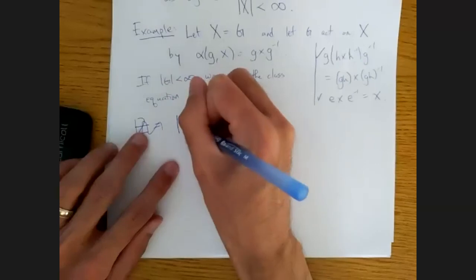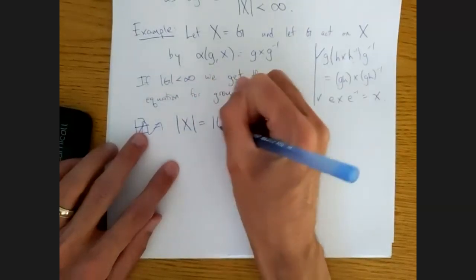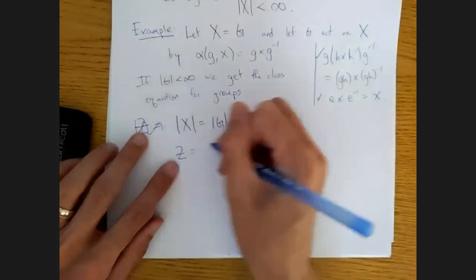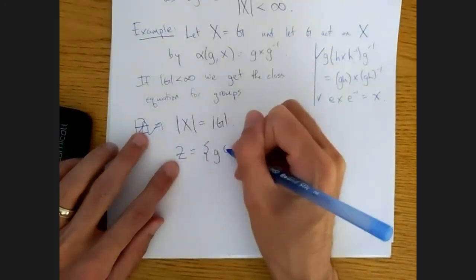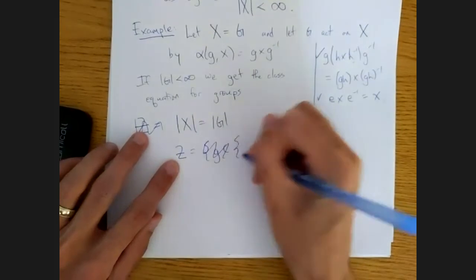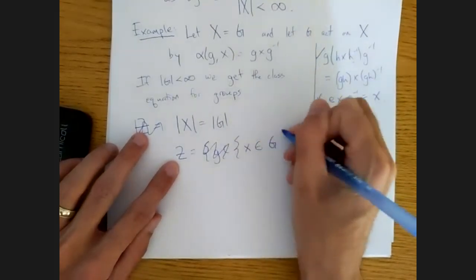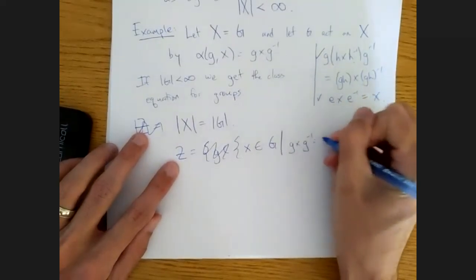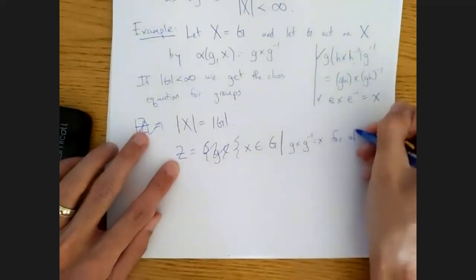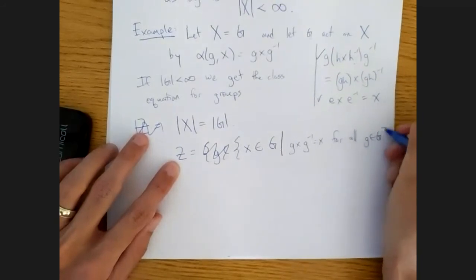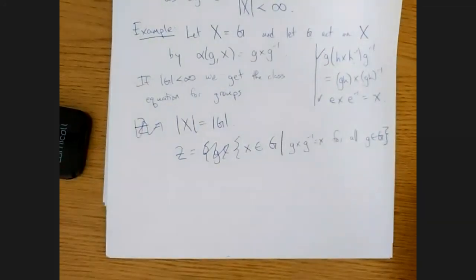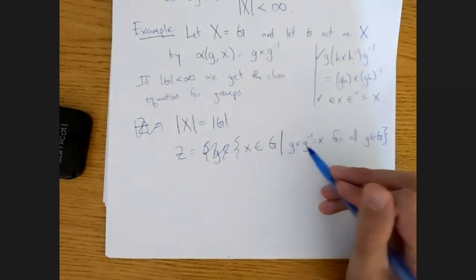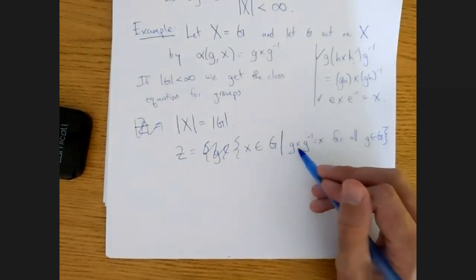So first of all, the number of elements of X is just the size of G. And what about Z? Well, Z is all the elements x of G such that gxg inverse equals x for all g. But if I just rewrite this slightly, if I multiply on the right by g, it just says gx equals xg.